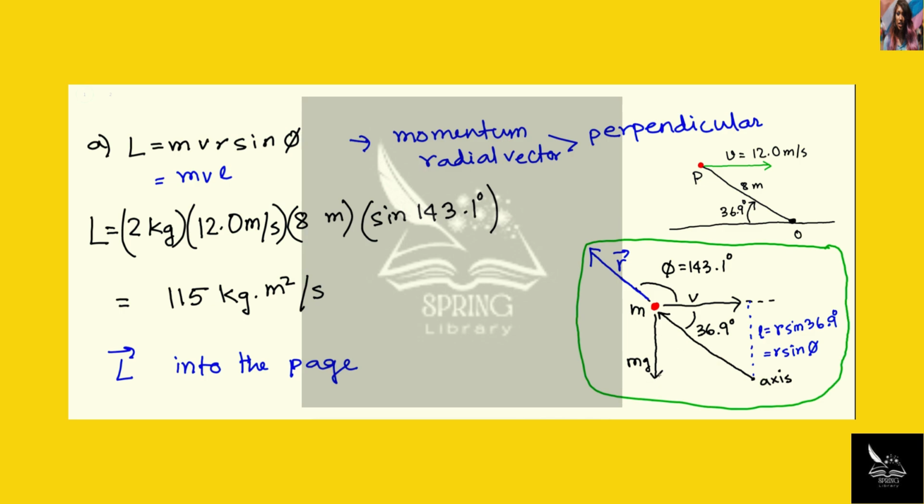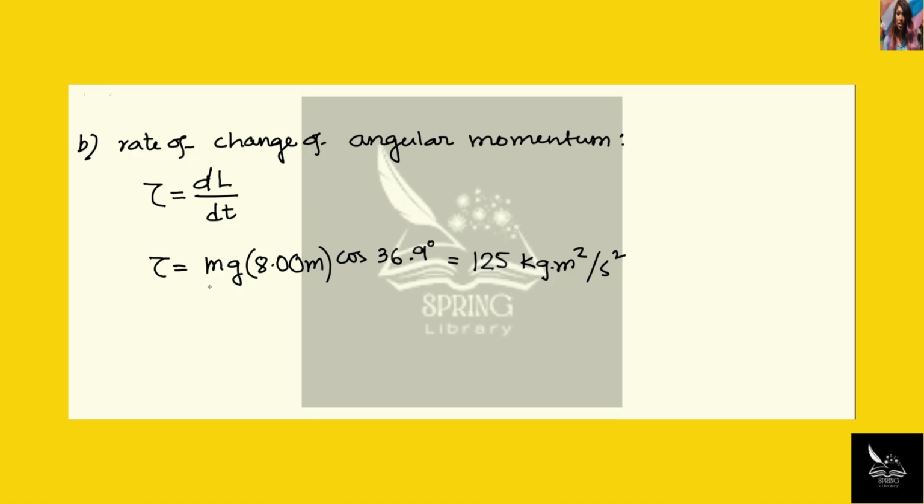The perpendicular component to mg will be this component right here, which is r cosine 36.9 degrees. So all we have to do is multiply force times the perpendicular component of the radial vector, and that'll give us torque. That's what we did here.